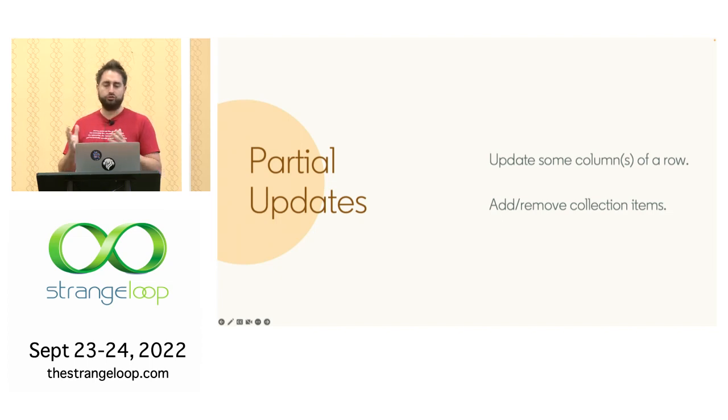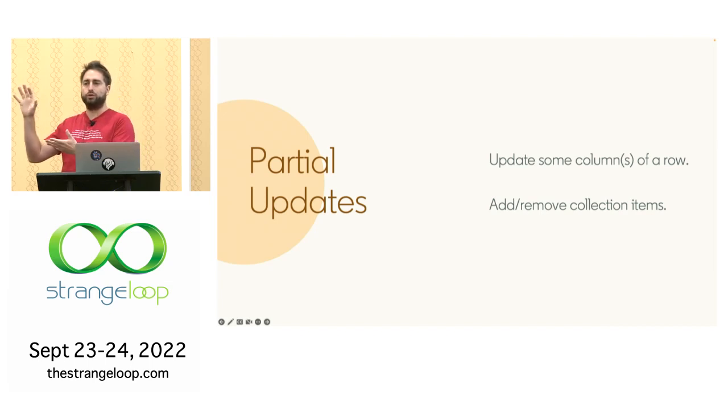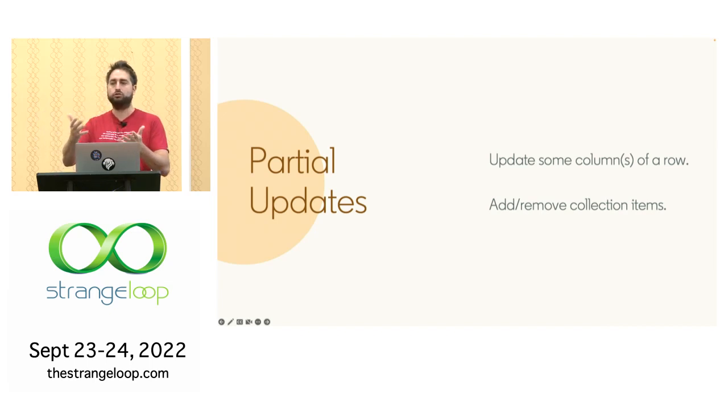So the collections could be sets or maps, and in both cases, the update of columns or the collection merging, you don't need to know what the rest of the stuff in that row is. You just declare what you want to change.